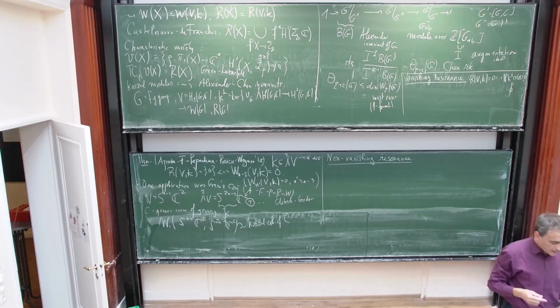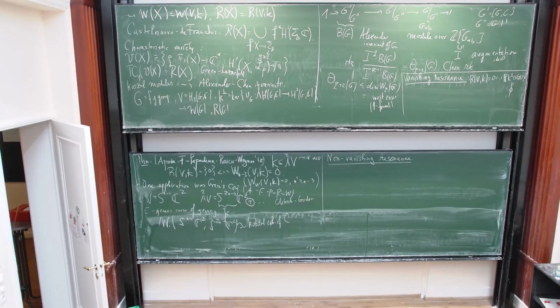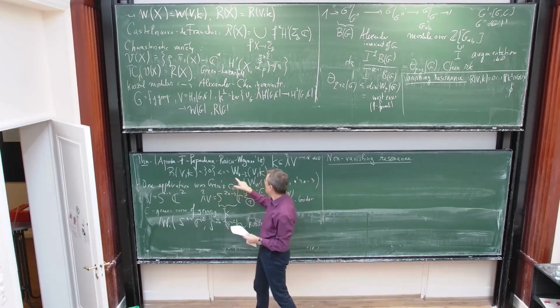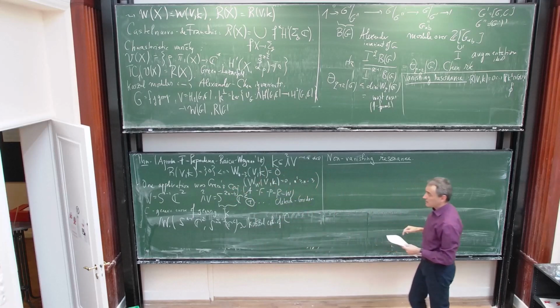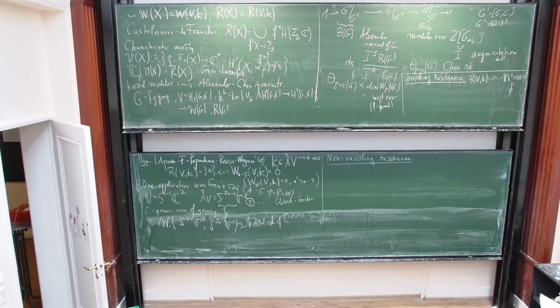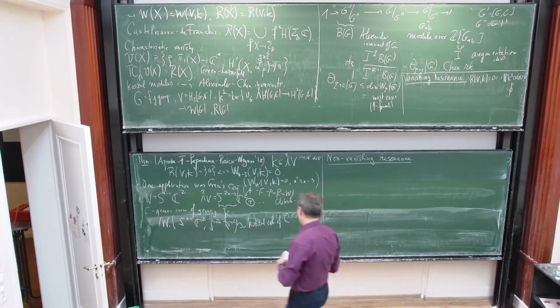But unfortunately, as was already pointed out here, you could have all sorts of scheme structures for this resonance, and you cannot hope to have uniform theorems for these dimensions in the absence of any hypothesis. So you have to put some conditions, because otherwise you will have essentially a lot of subschemes of the Grassmannian that appear in the picture.